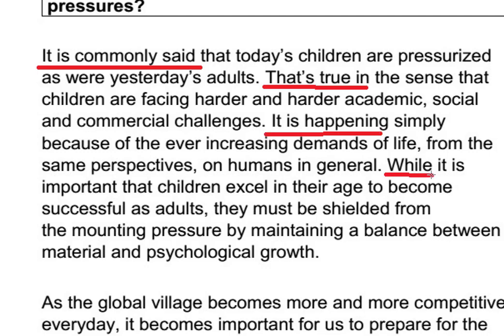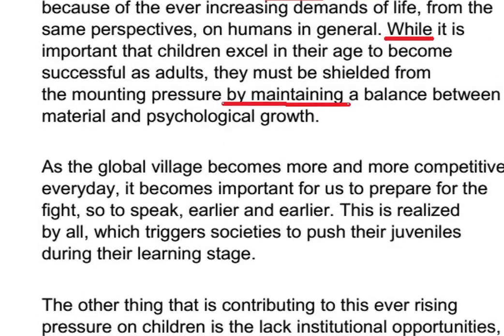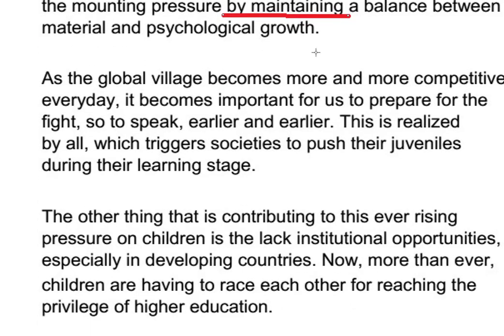Okay, so here we have this compound sentence. It's important that children excel in their age to become successful adults. They must be shielded from the pressures. Okay. That's good. We see a variety of structures.